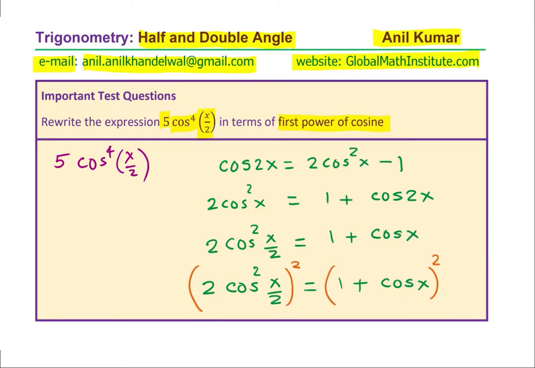Correct. And definitely we do get cos to the power of 4 x by 2. Remember, we have to multiply by 5, which we could do at the end also. Perfect. So I'd like you to continue from here and get the solution. That will give you more practice and help you understand this problem better. So let me take it to the next page to continue from here.